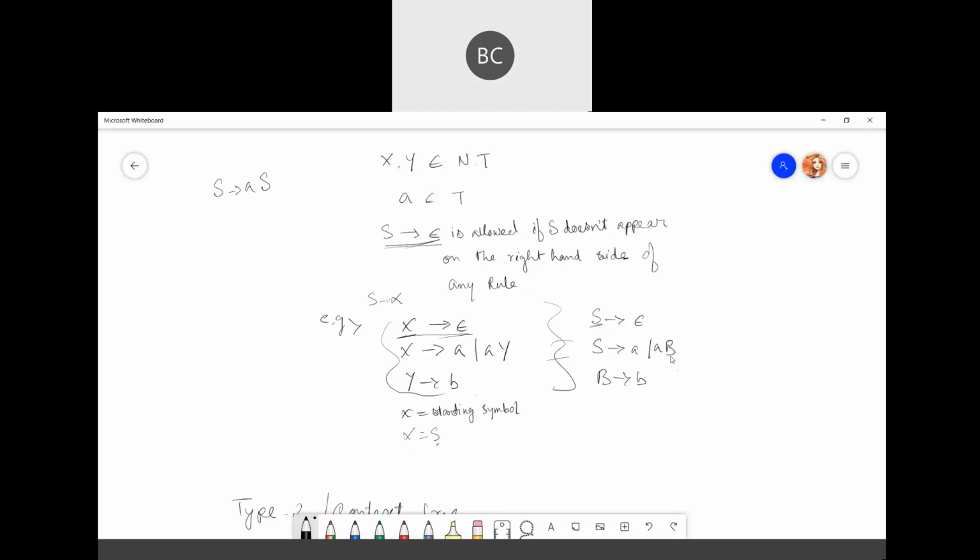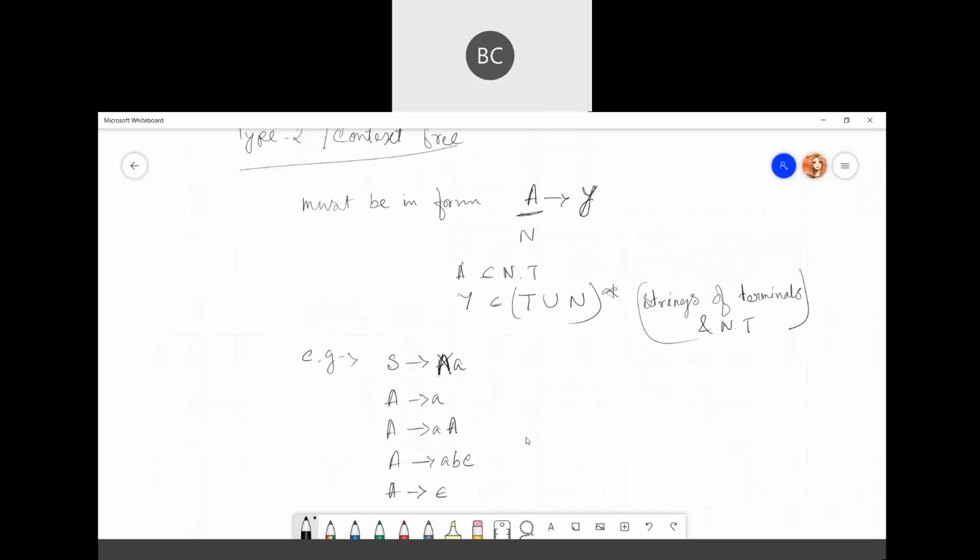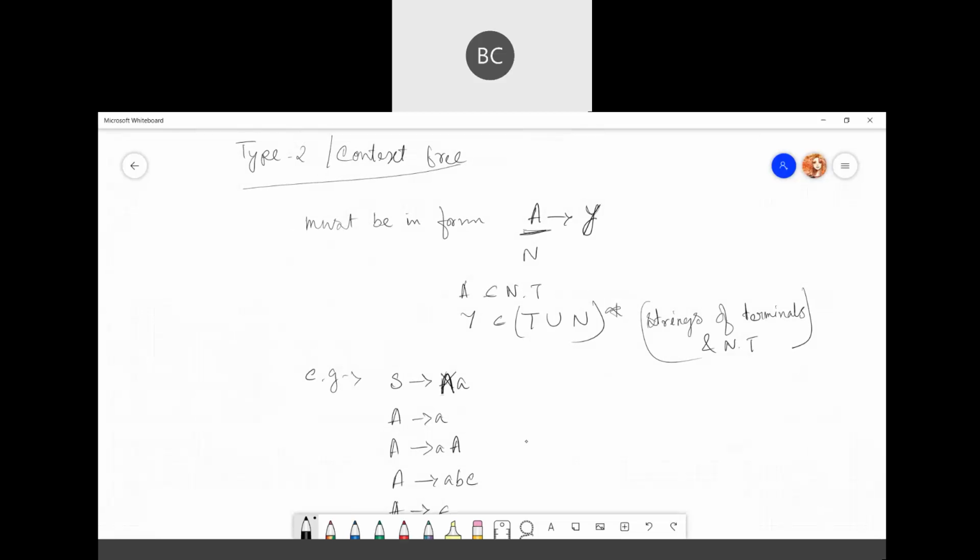It will always be in this form. But here there is nothing like that. It can come first or it can come last. Doesn't matter. You can write AA, anything. There is no sequence like after A, B should come, after B, A should come. It is not given. So in the left hand side, there will be a non-terminal, and in the right hand side, it can be a string of terminals and non-terminals, in any sequence. But on the left hand side, there will always be a non-terminal.